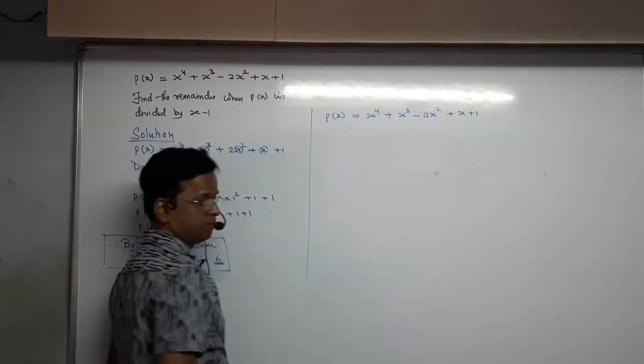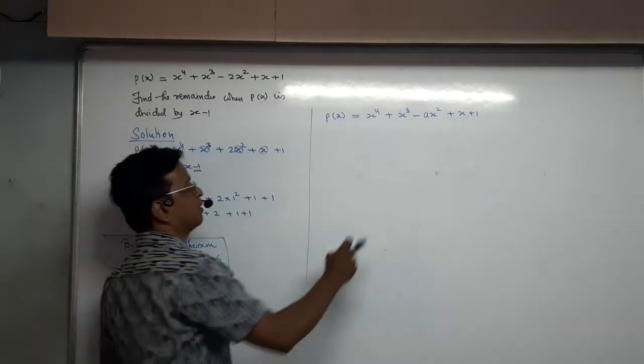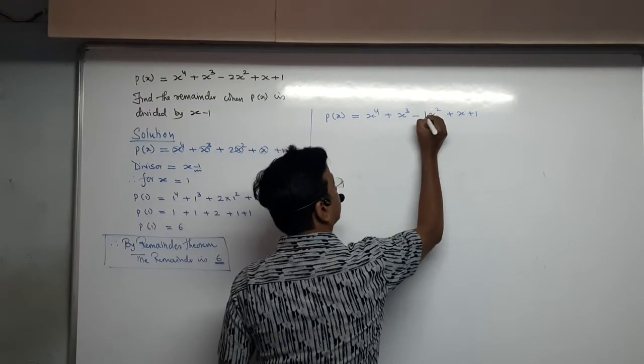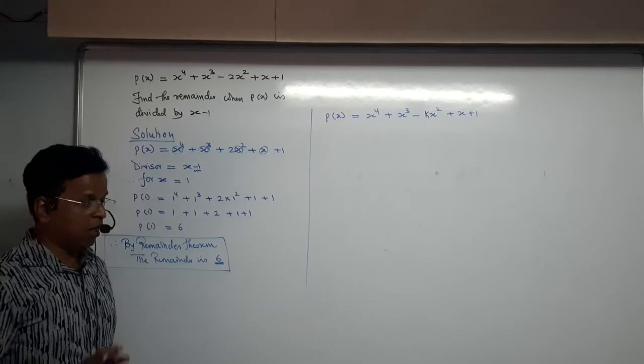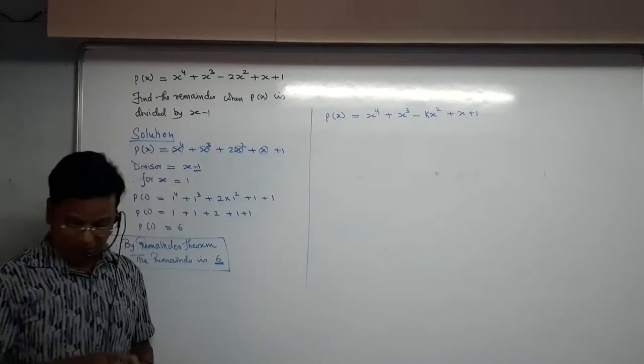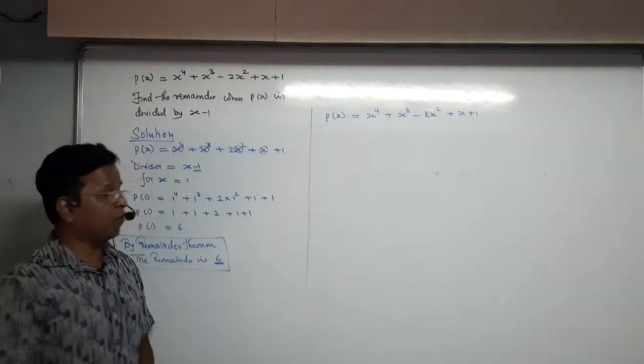Supposing this they have given, a they may give, or they may give you k. Are you getting this? Now try to understand, exactly the opposite will happen.